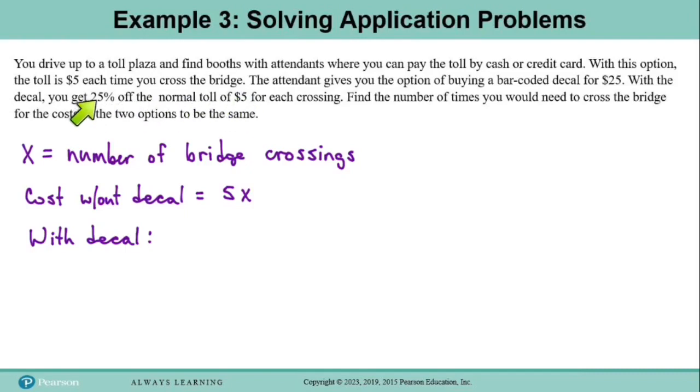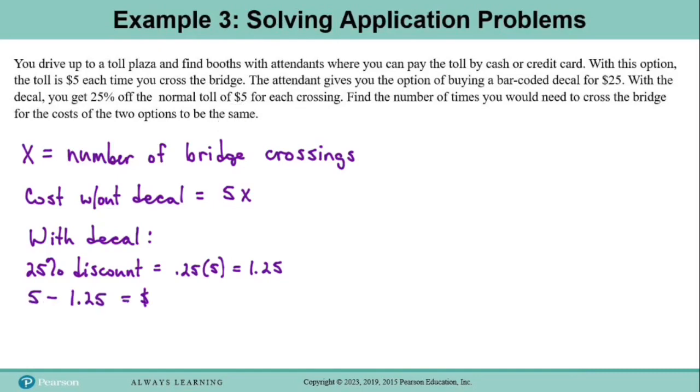So let's go ahead and calculate that discount. The 25% discount would be 25% of $5, and so that's $1.25. Every time we cross the bridge, we save $1.25 off of that $5 fee. So if it's $5 and we save $1.25, then we're paying $3.75 for every crossing.